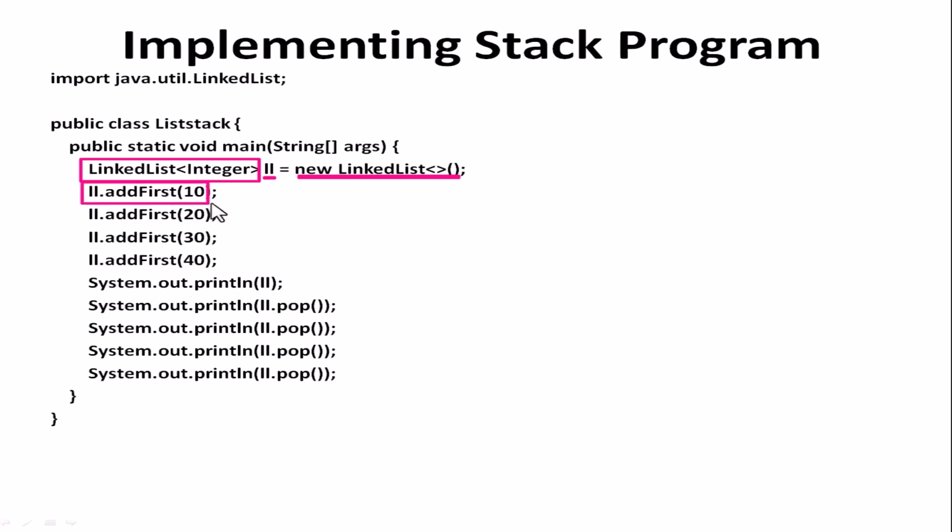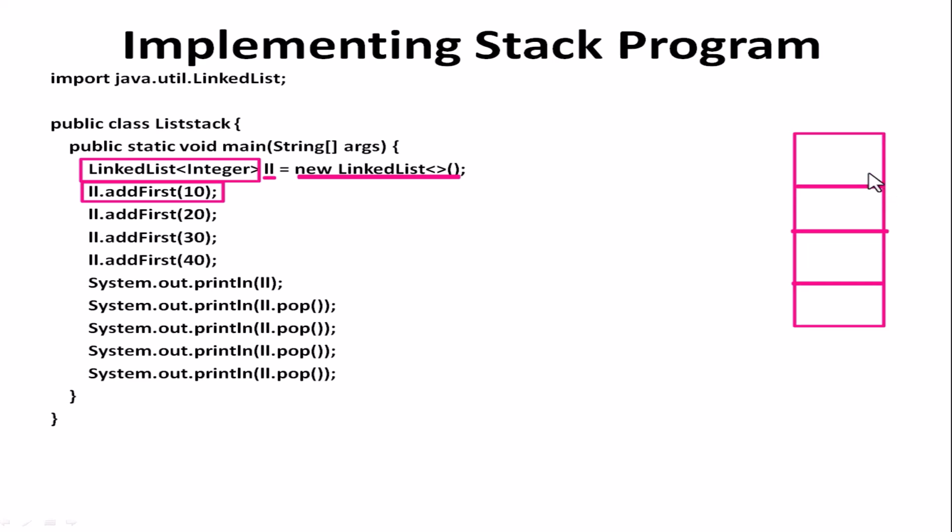ll.addFirst, so 10 will be added to the stack. For example, this is the stack and you are going to insert 10, 20, 30 and 40. So first 10 will be inserted.